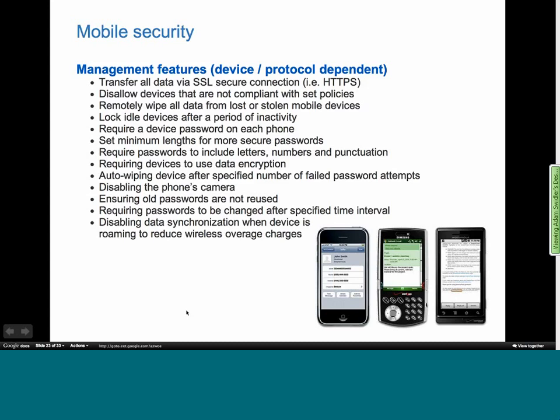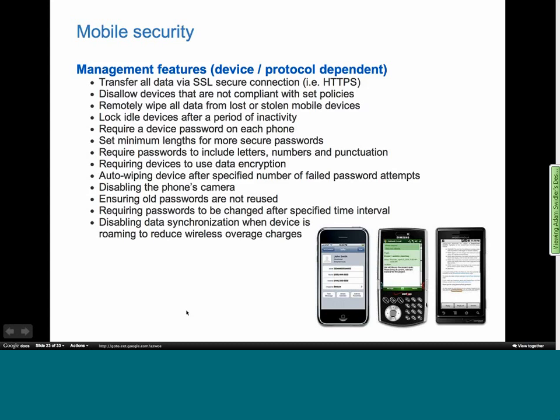And it gives you a pretty good degree of control over what folks can do or need to do with their mobile devices. So, for example, doing certain password management things like requiring them to have a password on the phone, setting some length and other requirements for the passwords on those phones, wiping the device after a certain number of failed password attempts, remote wiping the device if it's lost or stolen.